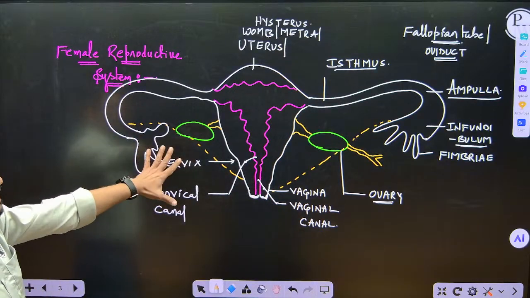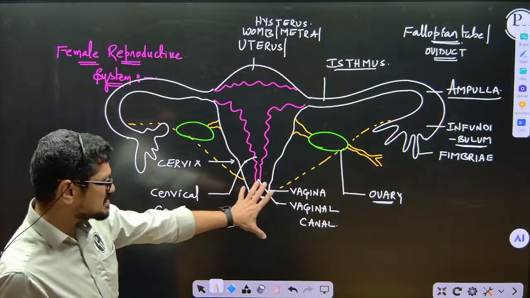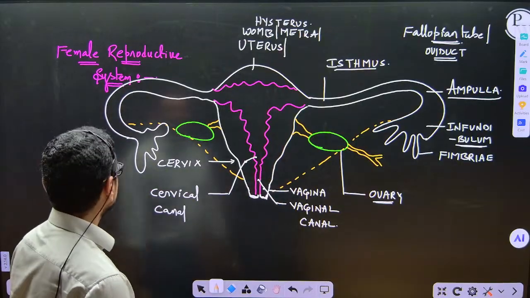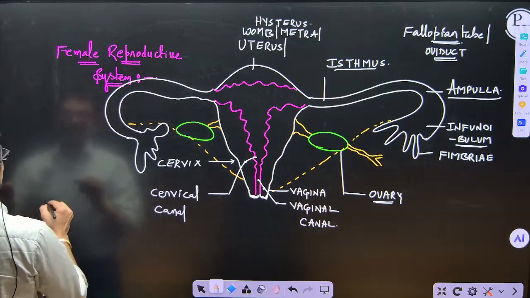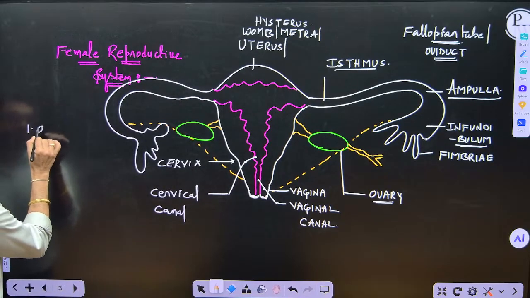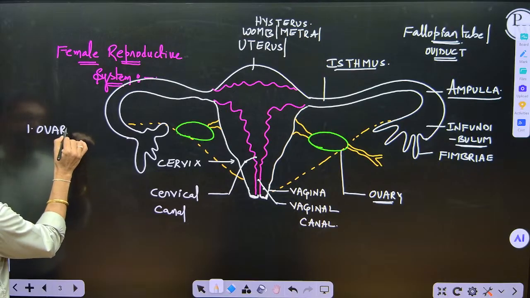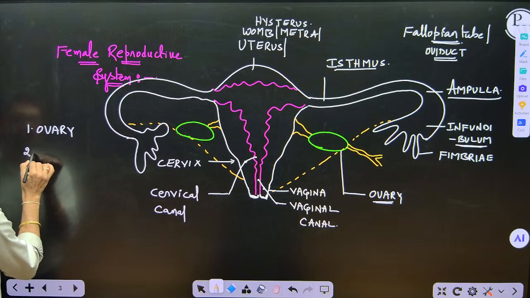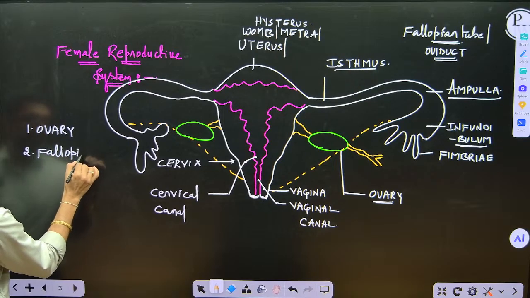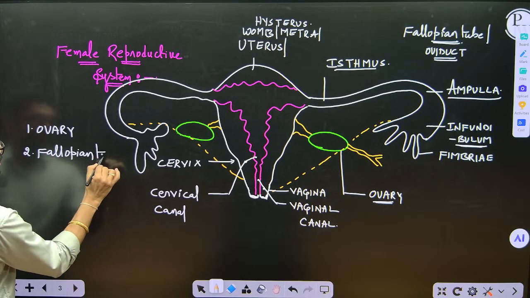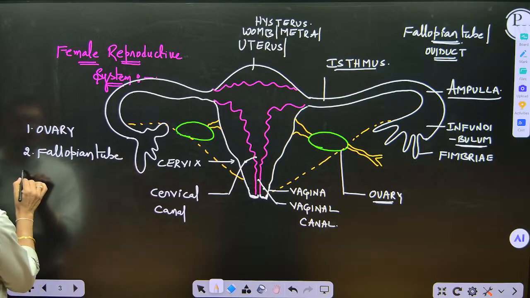Now, my dear friends, let's just see the board. I have to explain some structures. Don't worry. By seeing this board, what can we tell? The female reproductive system contains broadly a pair of ovaries. Number one, we have to explain the ovary. Number two, the fallopian tube.